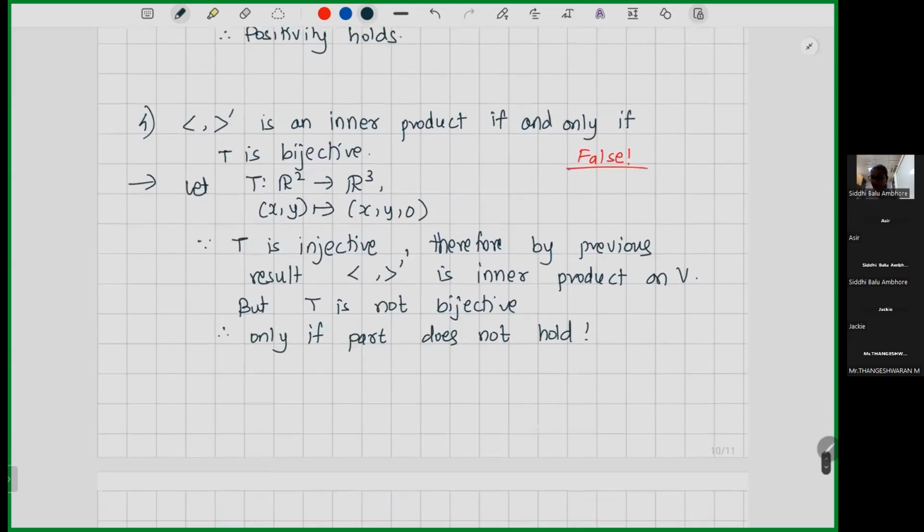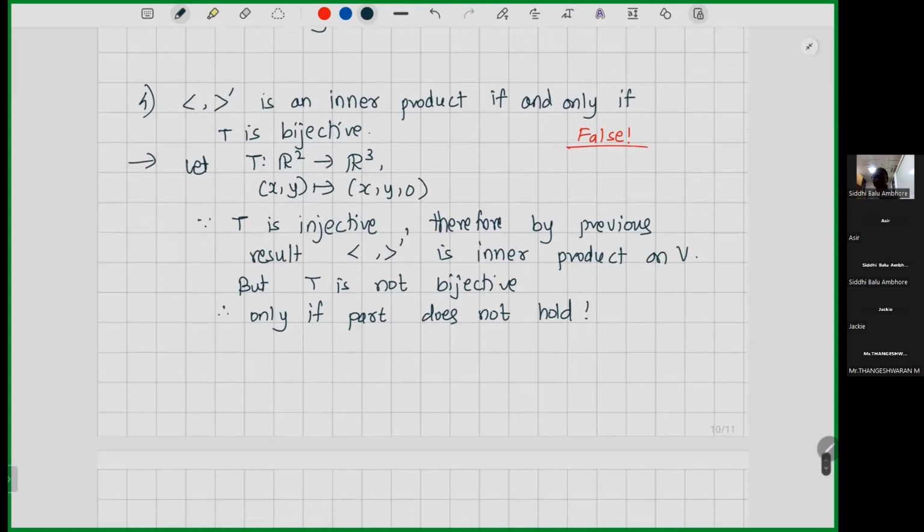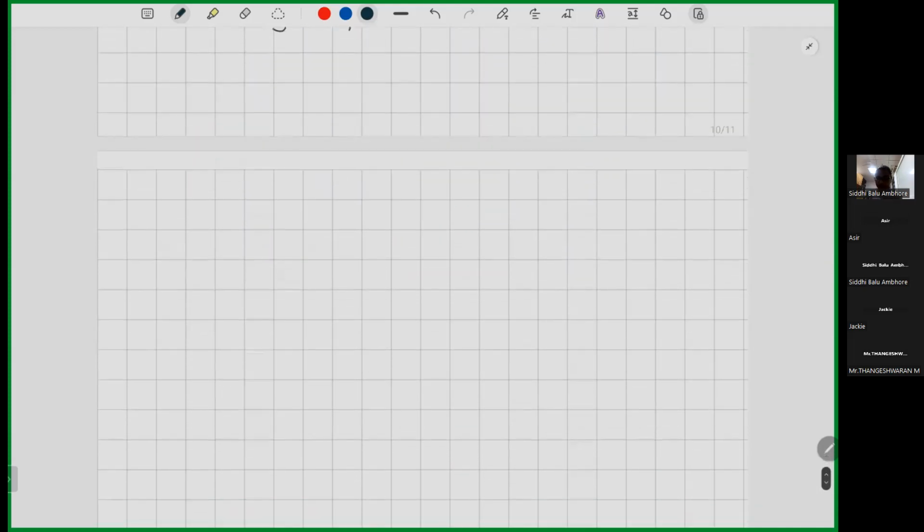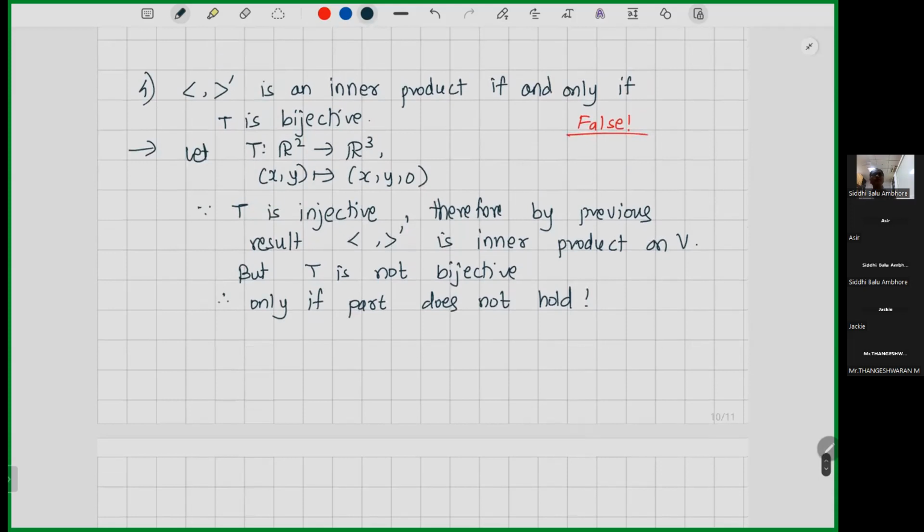Okay, so I hope this is clear. You can have plenty of such maps which are not surjective but injective, and the map will give you the inner product with respect to this (x, y) going to (Tx, Ty). But the map was not bijective and so on. I think searching for these maps is a bit of a challenge.